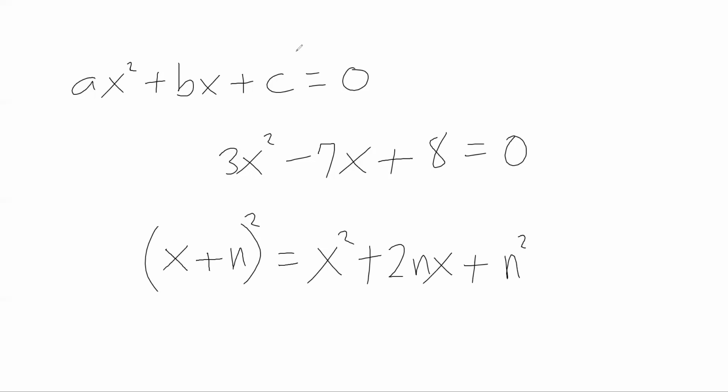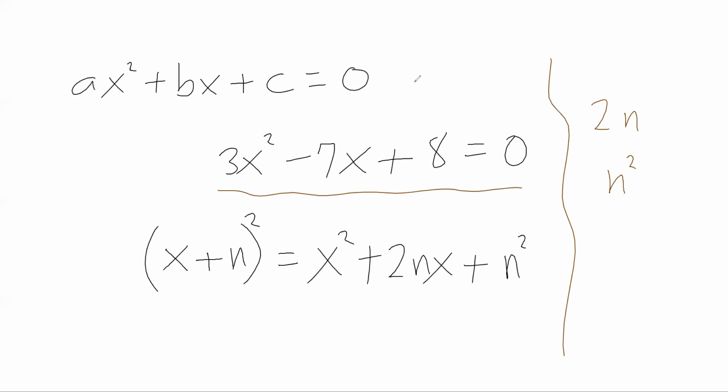And that's the key notion here. We have two different things, 2n and n squared. So at the appropriate time, I'm going to make use of that to solve my equation here, 3x squared minus 7x plus 8.